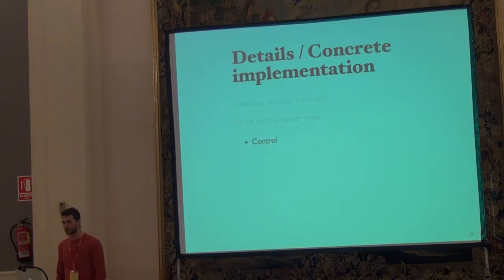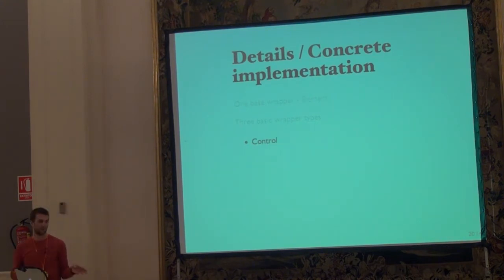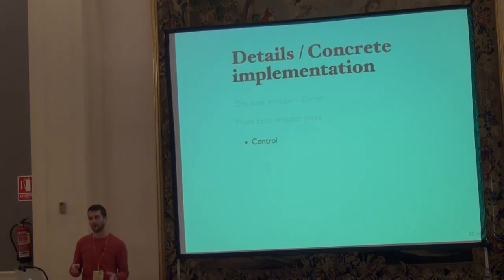First is control. Control is the base wrapper for all components that cannot contain other components, for example, a button, a label, a text field. If Titanium has an add method on a button, for example, that might work somehow on iOS, but on Android it won't work.